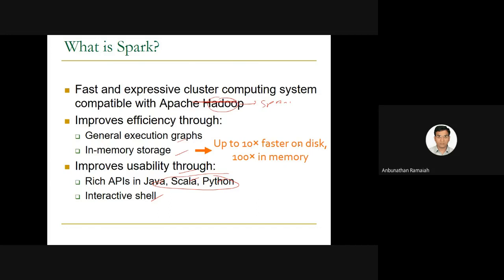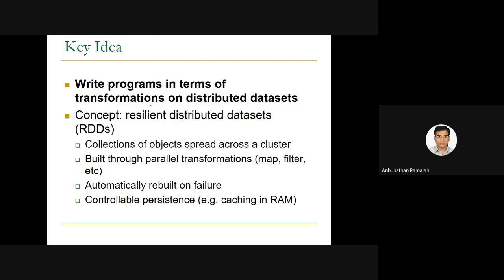So 10x faster on disk, 100x in memory. 2 to 5 times less code. The key idea is to write programs in terms of transformations on distributed datasets. The concept is resilient distributed datasets: collections of objects spread across a cluster, built through parallel transformations like map, reduce, filter and so on.